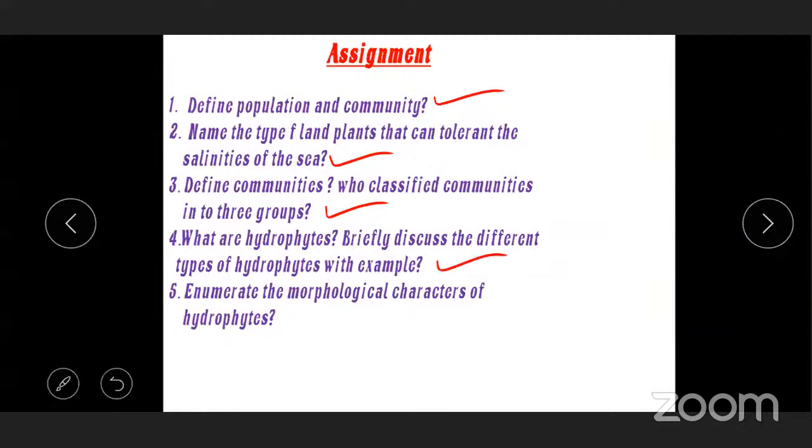Briefly discuss the different types of hydrophytes with examples. Enumerate the morphological characters of hydrophytes. Write well, forward it to your concerned lecturer, and don't delay. These are the most important questions.